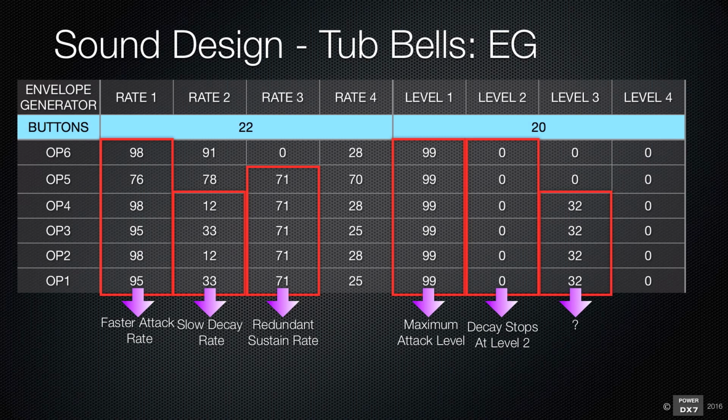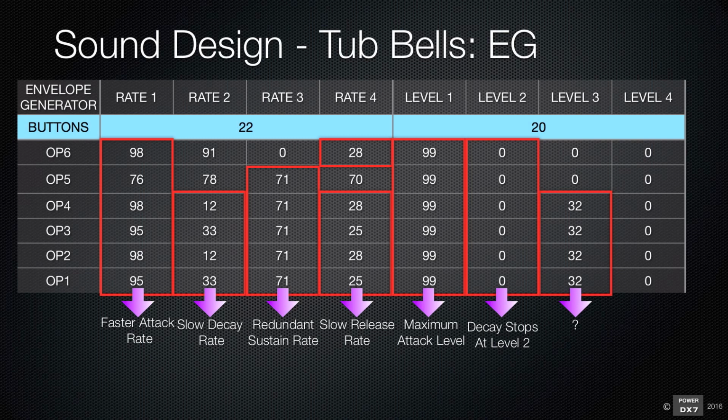You can pretty much set rate 3 and level 3 to 0 because all volume and modulation is generated at level 1 only. Now, let's look at rate 4 and level 4. For operators 1 to 4 and 6, rate 4 is set at a lower level, so you have longer release when you lift your finger from a key.